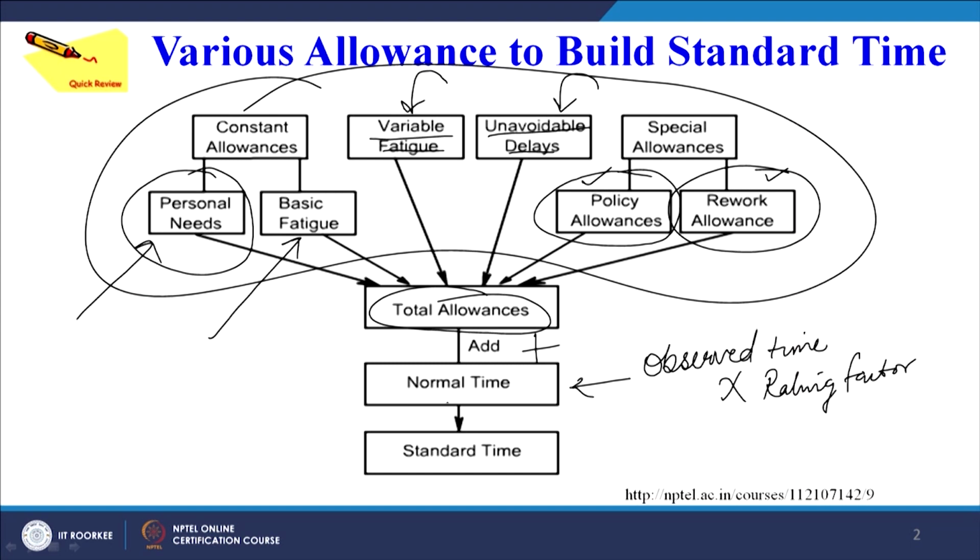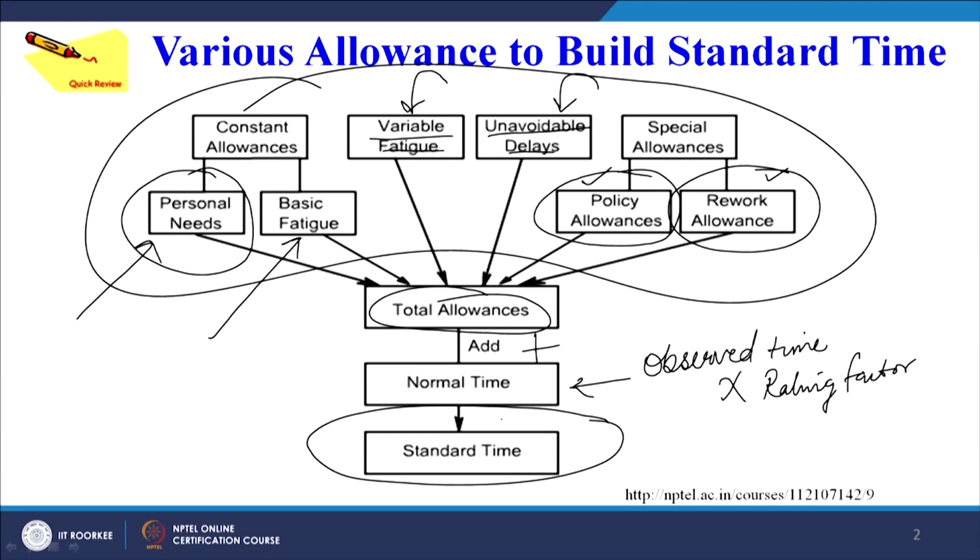Allowances we have also already found out for a particular type of work. When we add the normal time and the allowances, we get our final time standard, which we call the standard time. And this standard time calculation is the objective for today's session.